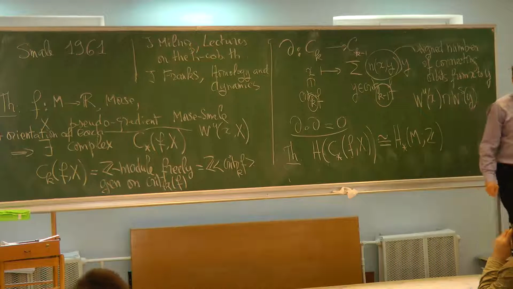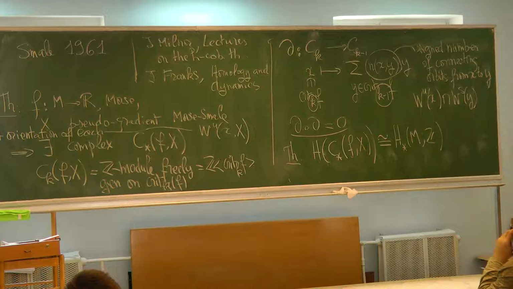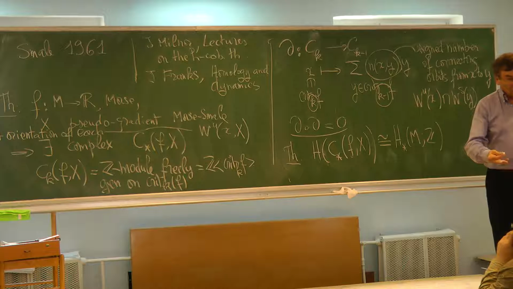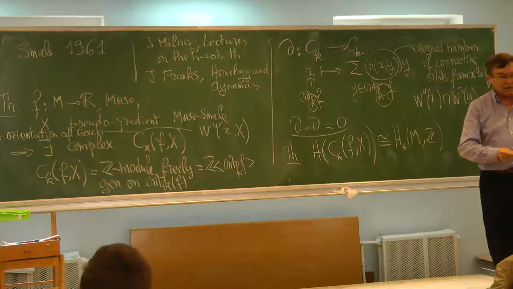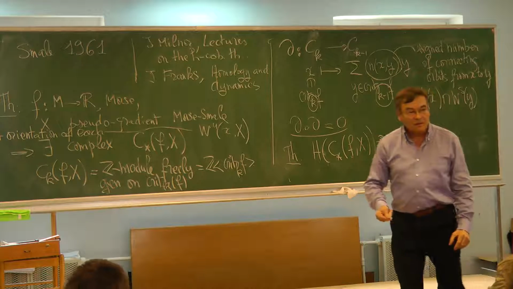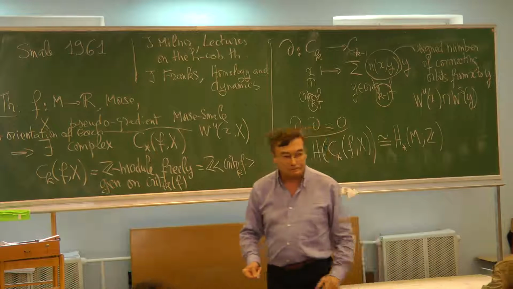You can end at a point of index k minus 2, but in that case, you do not have a finite number of orbits. In order to get a finite number of connecting orbits, you must have exactly one unit of difference in the indices. Is it clear?